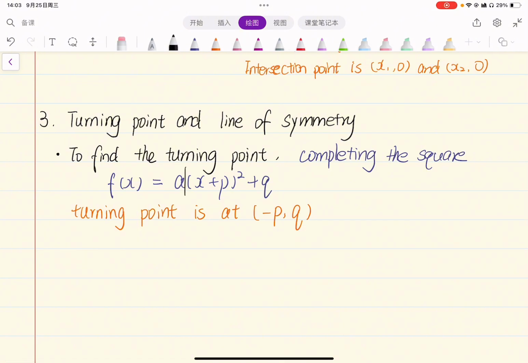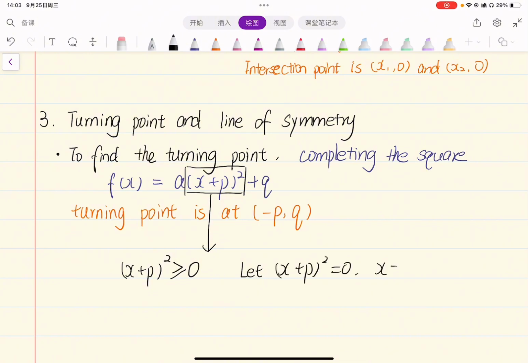Look at here. We said that (x plus p) squared is greater than or equal to 0. It's always like that for any real numbers. Now we let (x plus p) squared equal 0, so x equals -p, and f(-p) equals q. That is the turning point.